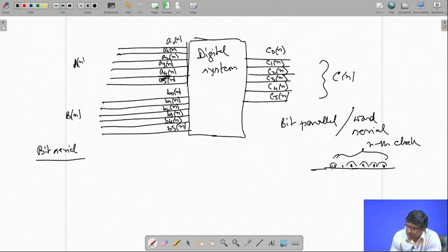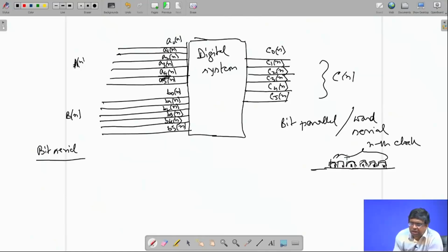So, this shorter clock means the clock speed is faster. How many times? 6 times, because the period has gone down. So, basically I will employ a 6 times faster clock. Why 6? 6 is coming from the word length, the 6 bit word length.